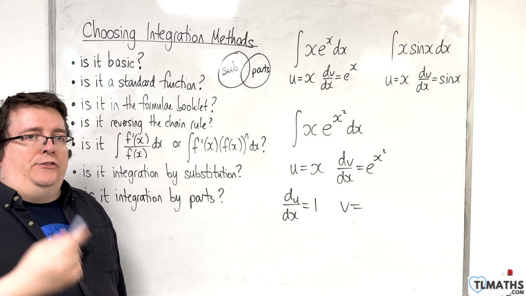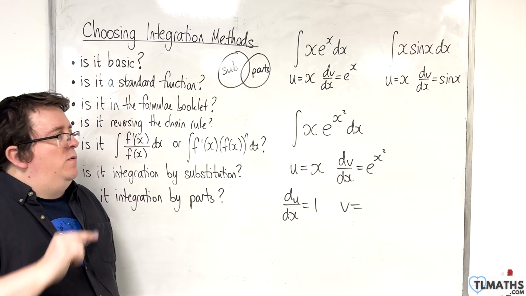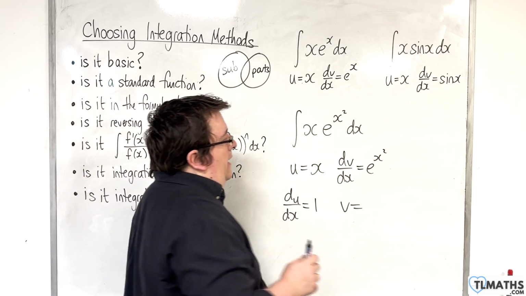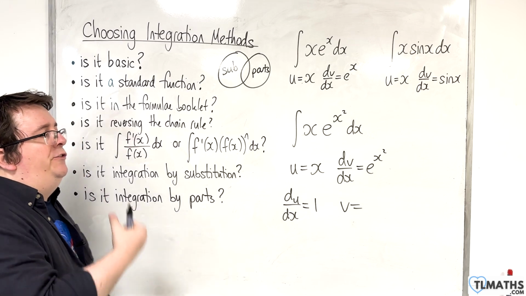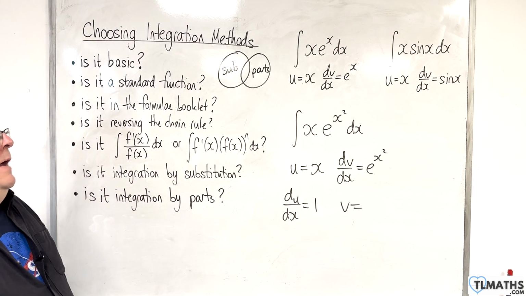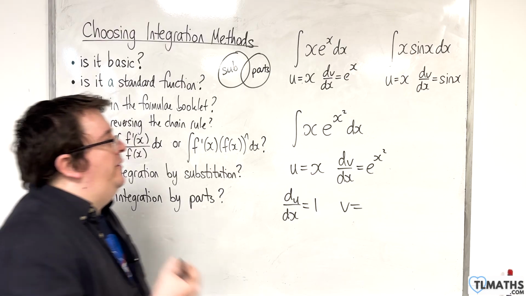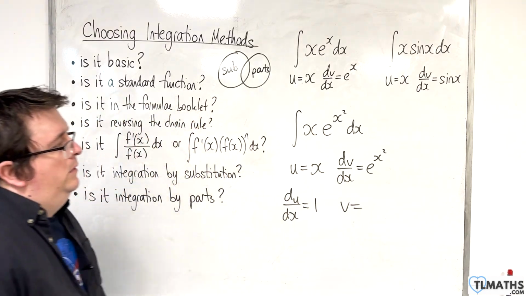And e to the x squared cannot be integrated. So you run into a brick wall here. You cannot integrate e to the x squared analytically. There is no standard function that it integrates to. You can't write that. And so this method breaks for this example.